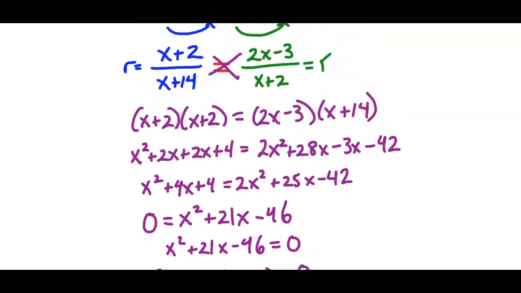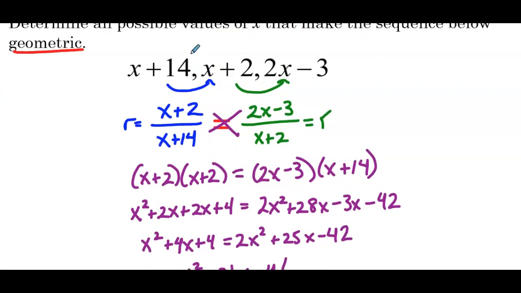Let's check and verify that. So if we plug negative 23 in, negative 23 plus 14 would be negative 9. Negative 23 plus 2 would be negative 21.